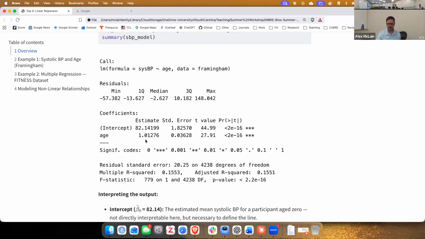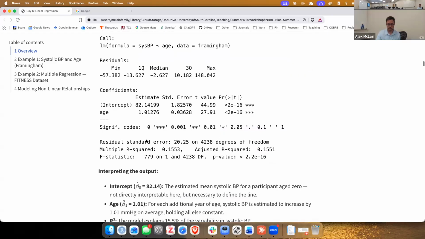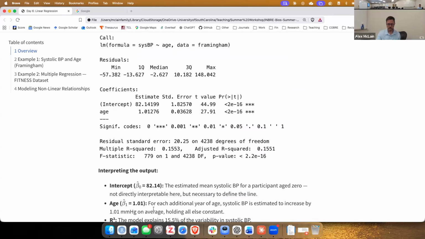Then we have our coefficient for age, 1.01, very, very close to 1, which is nice for interpretation here. So how we would interpret it: for each additional year of age, systolic blood pressure is estimated to increase by 1.01 mmHg on average, holding all else constant.